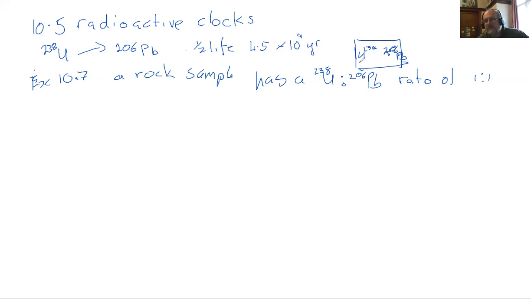So that means for every uranium atom in there, there's one lead atom. How old is this rock?